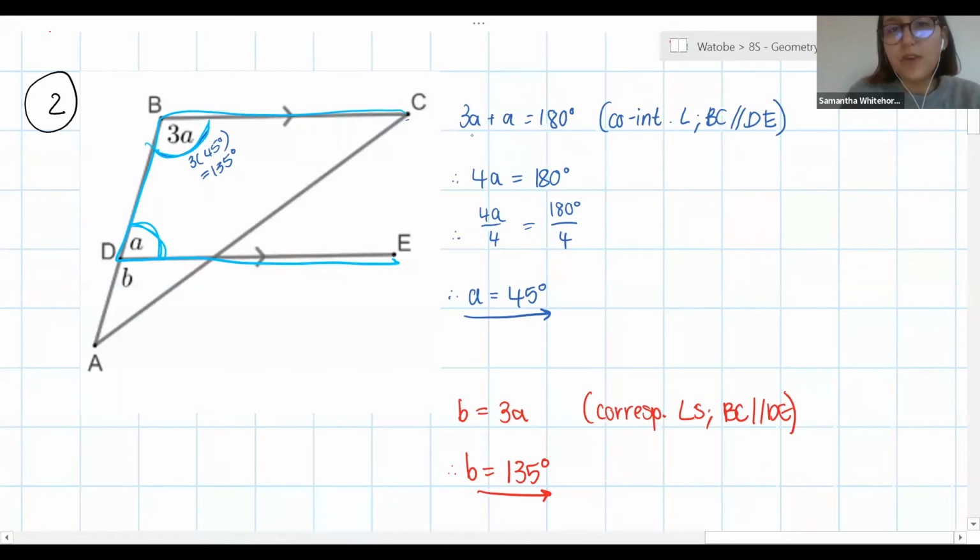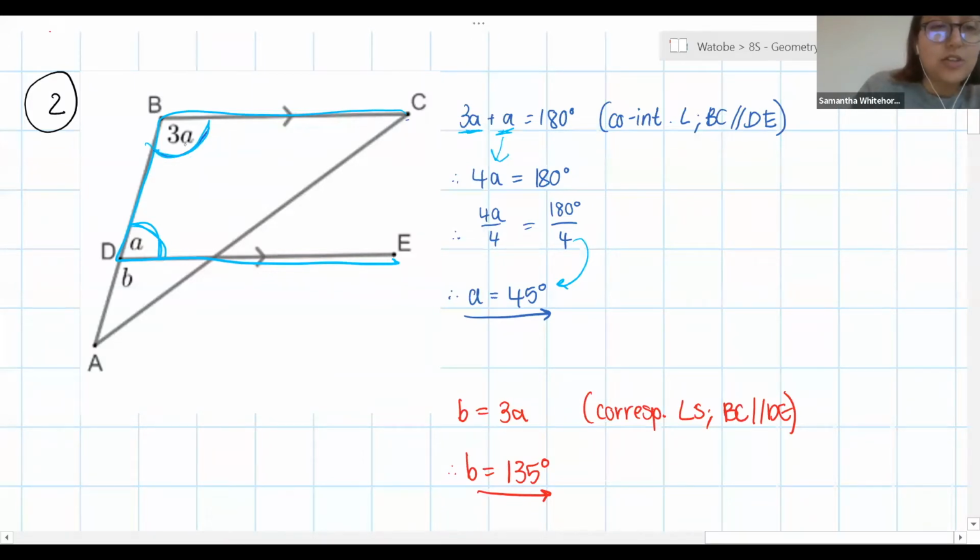If I'm solving for A, 3A plus A gives me 4A. Remember, those are like terms, equal to 180. And then I divide both sides by 4 to get A, and 180 divided by 4 is 45, which means that A by itself is 45 degrees. Now, as Emmanuel said, once we know what A is, I can substitute that back into those angles.